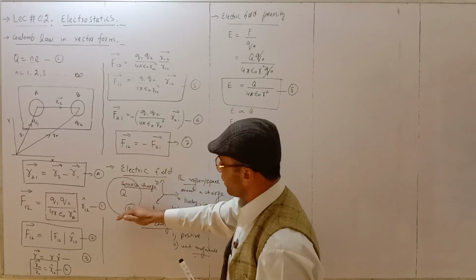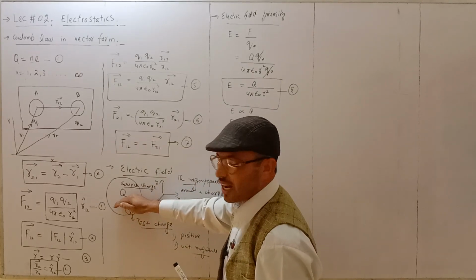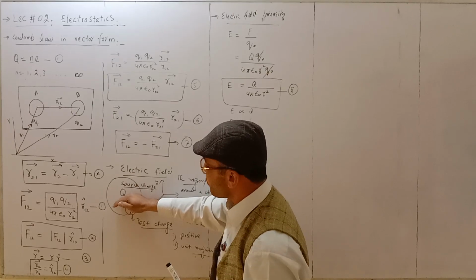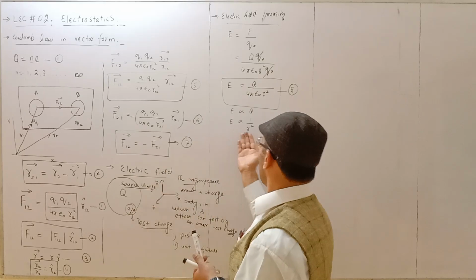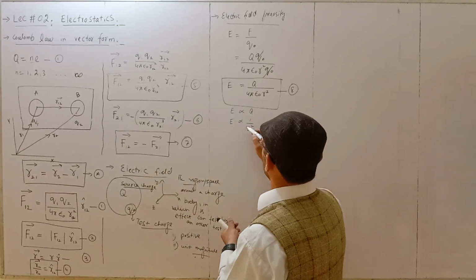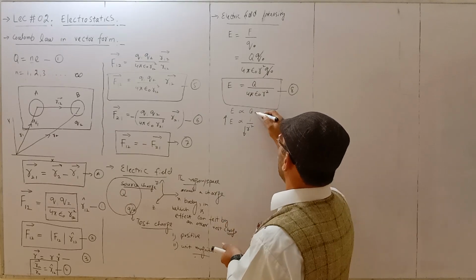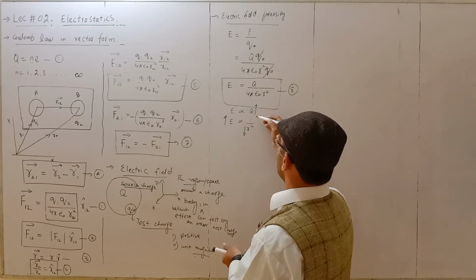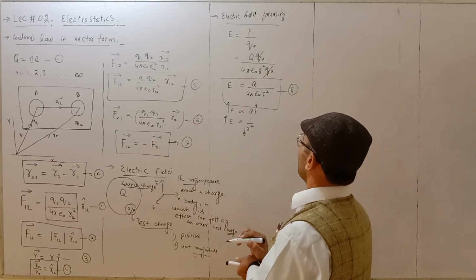If I bring the test charge close to the source charge, the intensity observed is also large. So when I decrease r, the electric field intensity will increase, and if I increase the source charge, the electric field intensity will also increase.